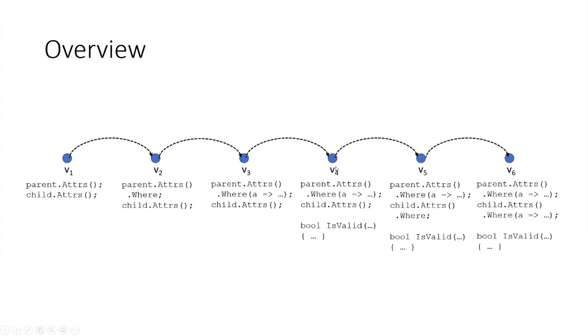Then from V3 to V4, the user, for instance, created this isValid method, which is unrelated and not repetitive. And then from V4 to V6, the user makes the second change. So how do we know that the user wants to automate a pattern from V1 to V3 and from V4 to V6?